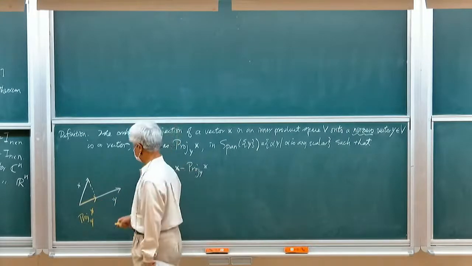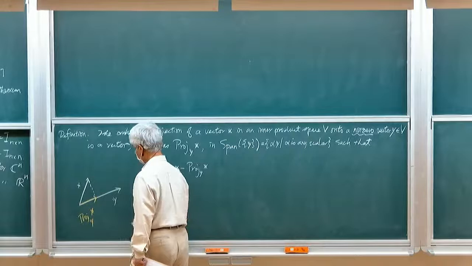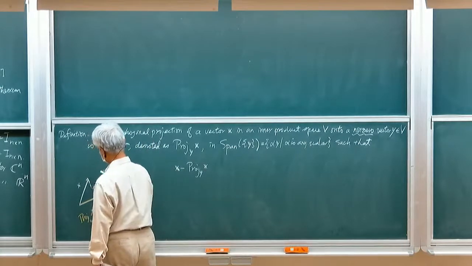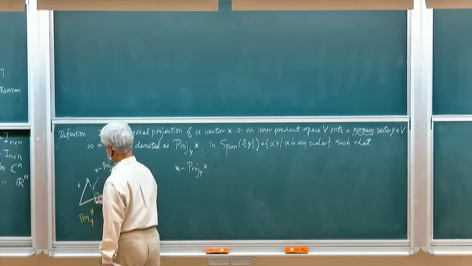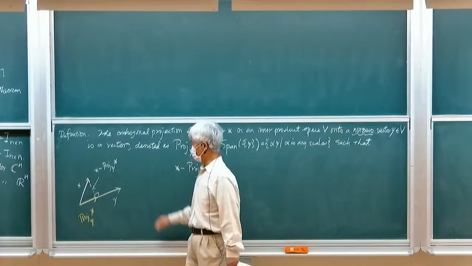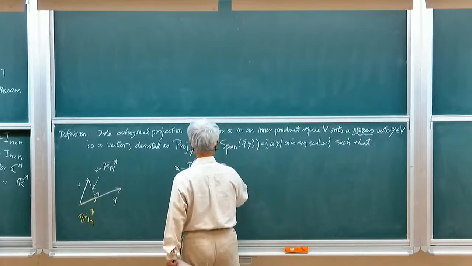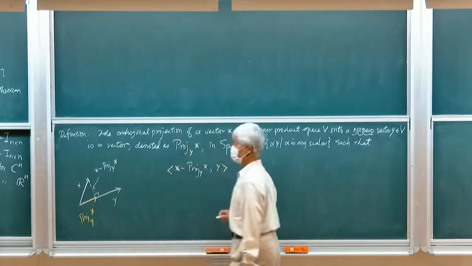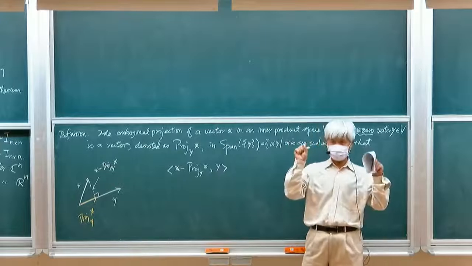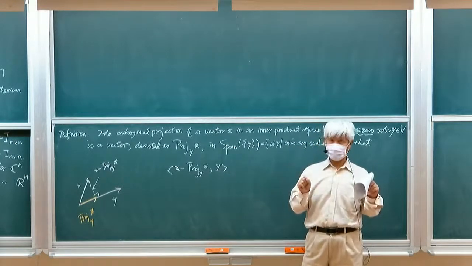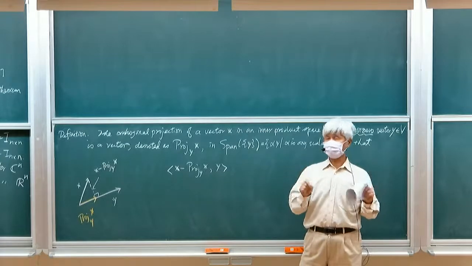We mean that the difference, x minus the projection, should be orthogonal to y. By our definition, two vectors in a general inner product space are orthogonal if and only if their inner product is 0.